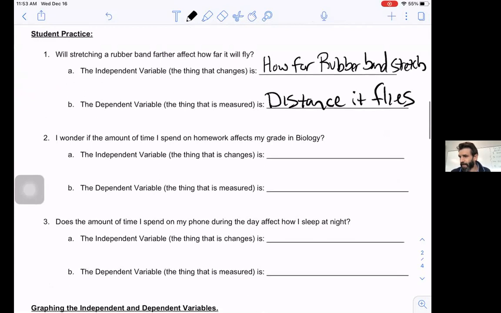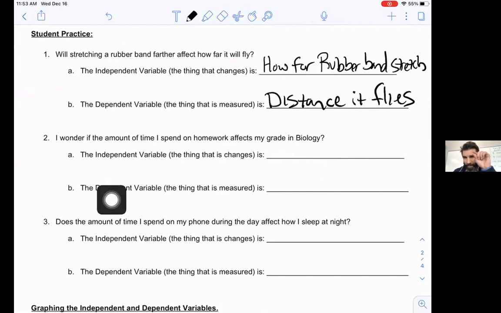Okay. Now, the second one here in student practice, and again, if you haven't tried this, pause my video, try it for yourself, and then come back and see how it went. So I wonder if the amount of time I spend on homework affects my grade in biology. So you could say this like, does the amount of homework affect my grade?